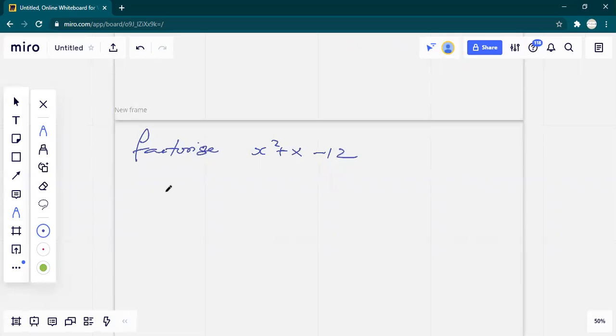Find r and s whose product r times s is equal to c, here negative 12, and whose sum r plus s is equal to the coefficient of the middle term, that is 1. r plus s is equal to 1 because c is equal to negative 12 and b is equal to 1.